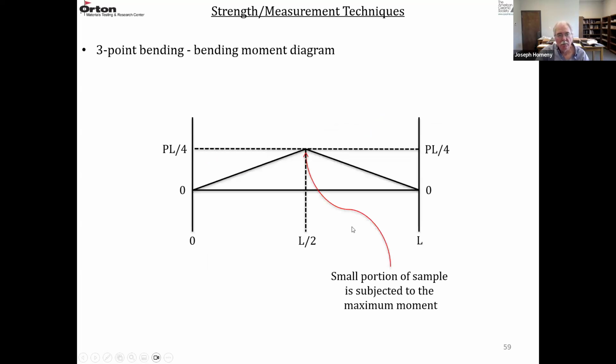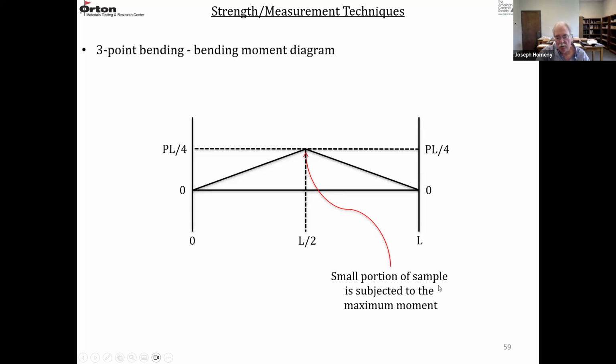And if we look at the bending moment diagram, so here's our lower span L. This is L over 2 right at the center point where the load is applied. The bending moment is PL over 4. It's 0 at the bottom knife edges, and it's a maximum at the top knife edge, and it's a linear relationship. So the maximum bending moment is right at the center of the sample.